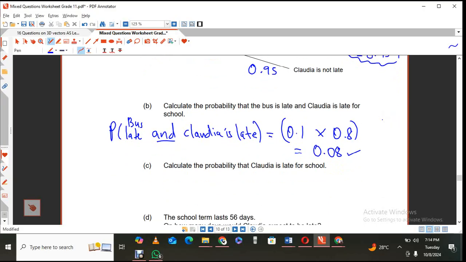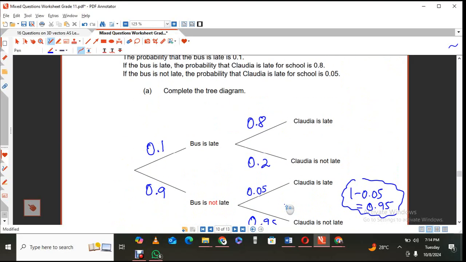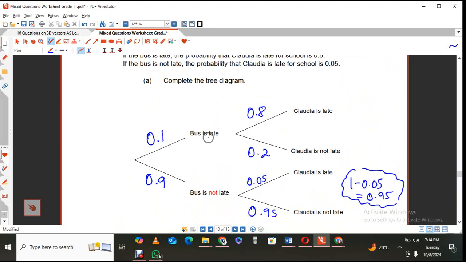Part C, calculate the probability that Claudia is late. So the probability that Claudia is late will be, of course, the one that we calculated before, 0.1 times 0.8, plus, we are finding all the late, okay? So probability that she's late is 0.1 times 0.8, and then not late, 0.9 times 0.05.